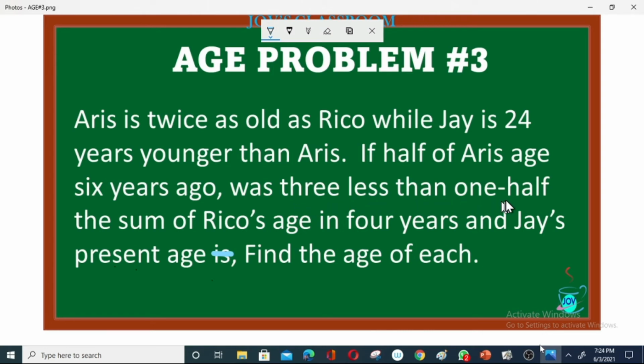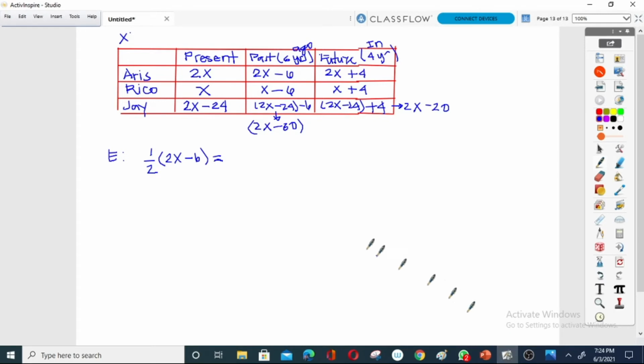Three less than half the sum of Rico's age in 4 years and J's present age. So we just get the sum of Rico's age in 4 years and J's present age. So that means half, and then minus 3.